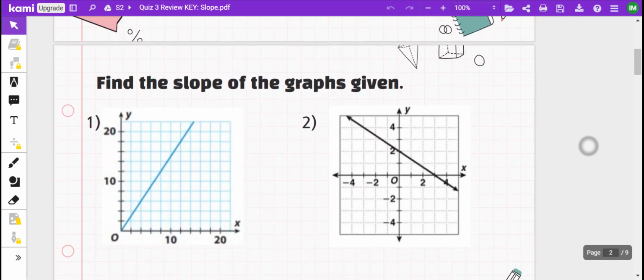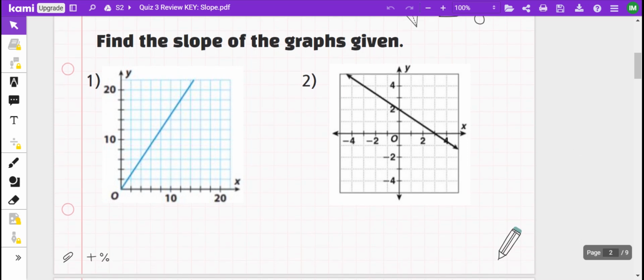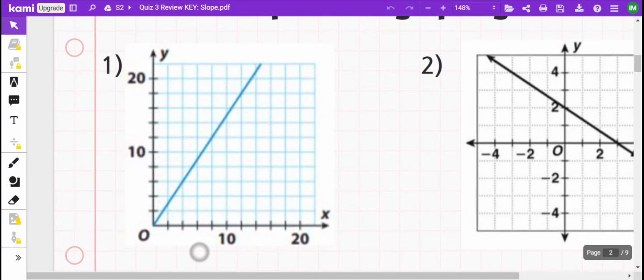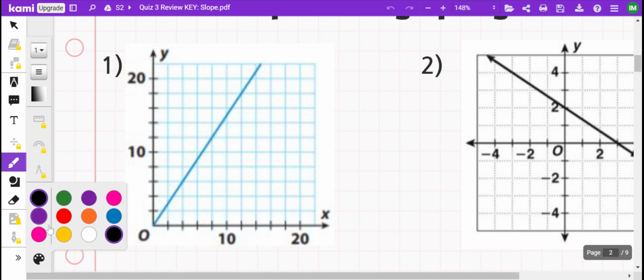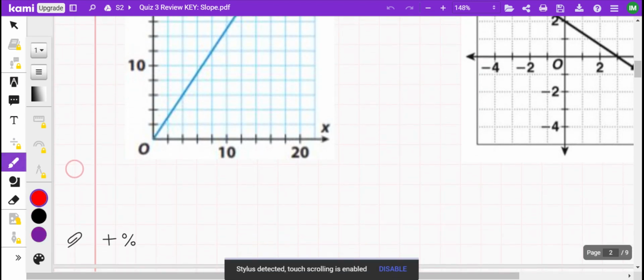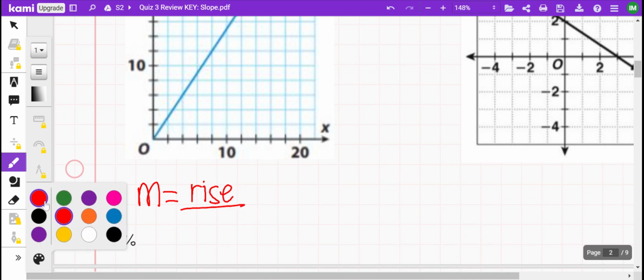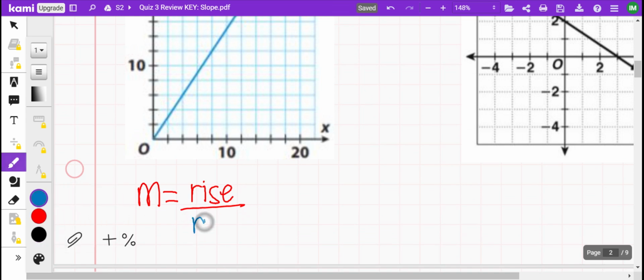The first question that we have, the first two, we're asked to find the slope of the graphs given. And so starting off with the first graph, I need to find the slope of this graph, and I know that in order to find the slope of a graph, I need to use our rise over run. And so in order to use a rise over run, I'm going to need 2 points.